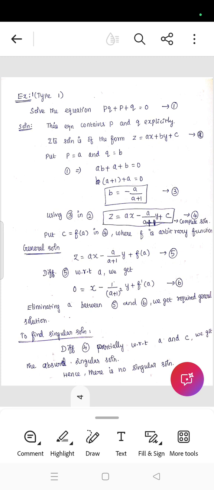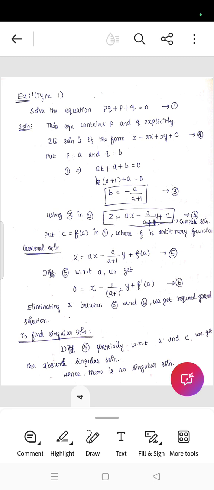Then we partially differentiate z with respect to a, and we get one more equation, 0 equal to some function of a into x plus an arbitrary function. We have to eliminate a from the two equations, and we will get the general solution.